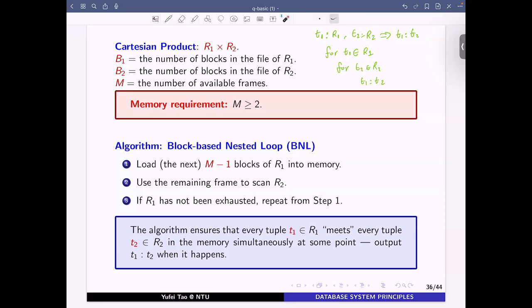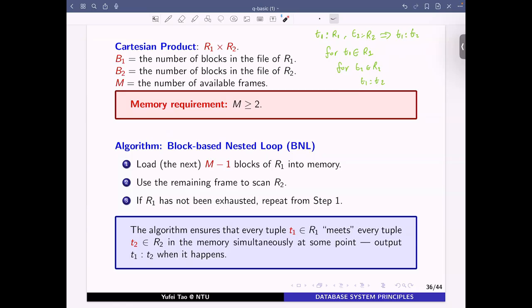This is, as you can see, block-based. We'll see why this is called block-based later. But as you can see, you do have a nested loop. This loop is nested inside the outer loop. So R1 is called the outer relation, and this is the inner relation.